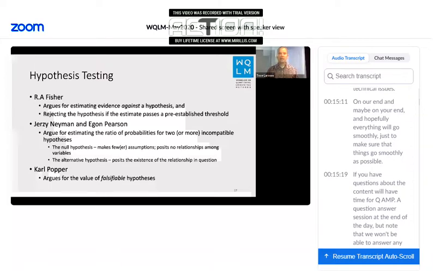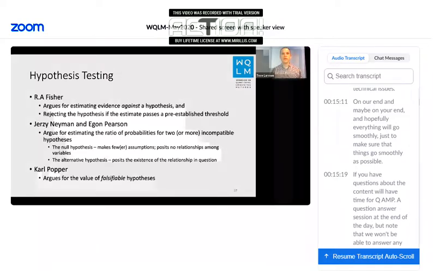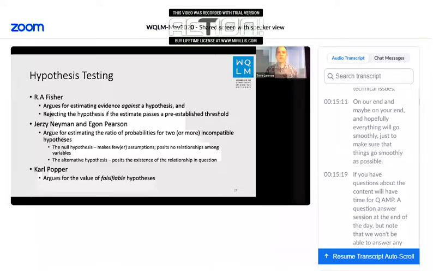And if it does pass that threshold, then we will conclude that the hypothesis itself must not be true.